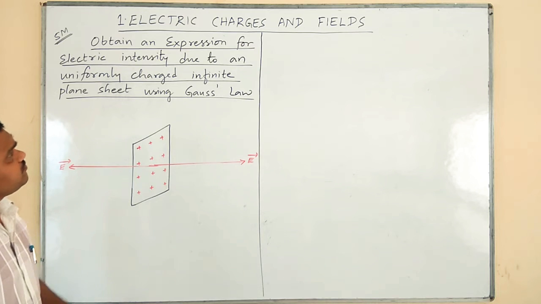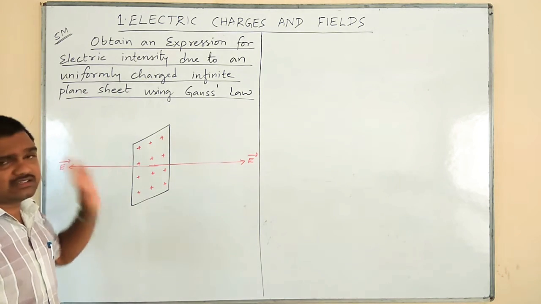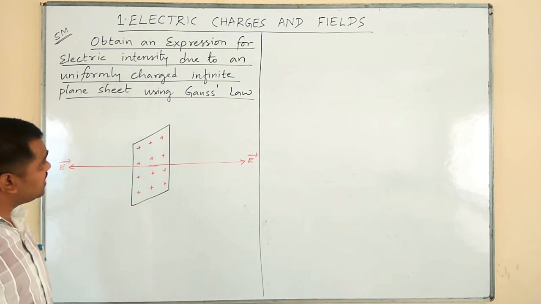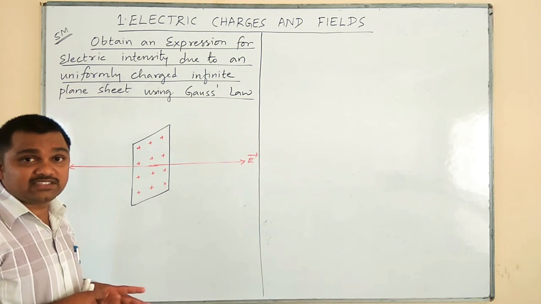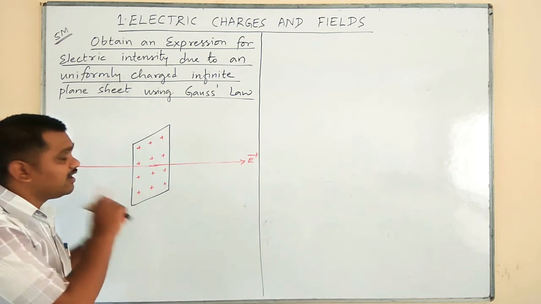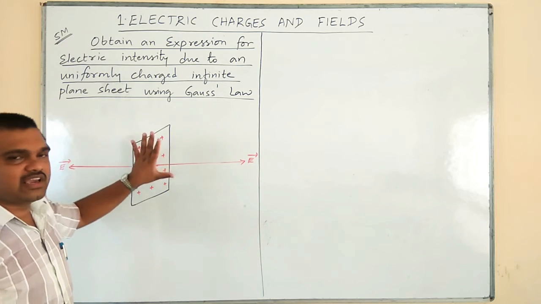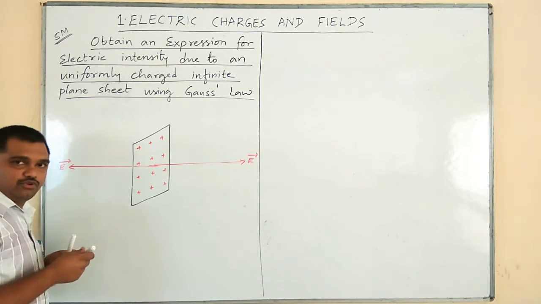Now, what does the first rule of Gauss law say? In order to apply Gauss law, we have to follow 3 rules, isn't it? The first rule is: imagine a closed surface symmetrical to the charge distribution. Here, we can consider 2 types of closed surfaces. That is option left to you.